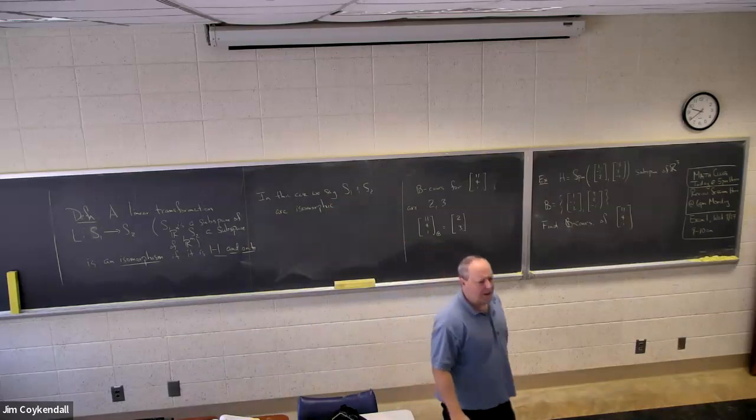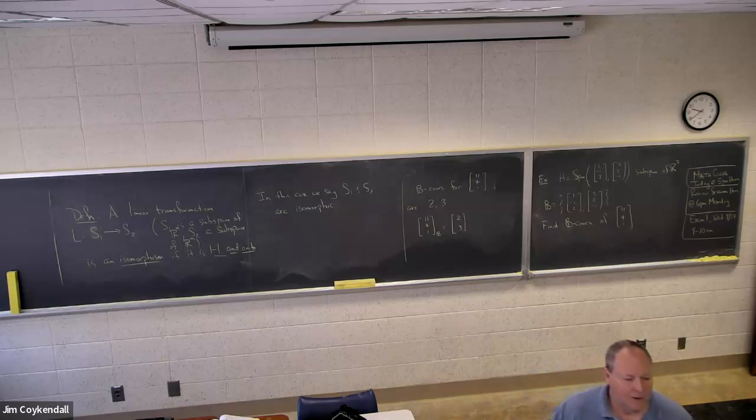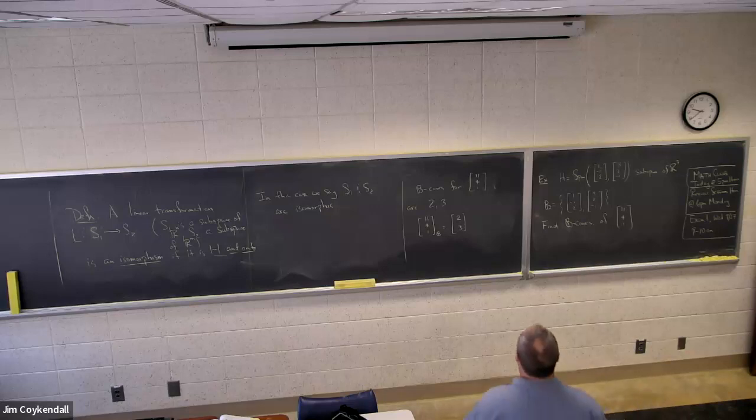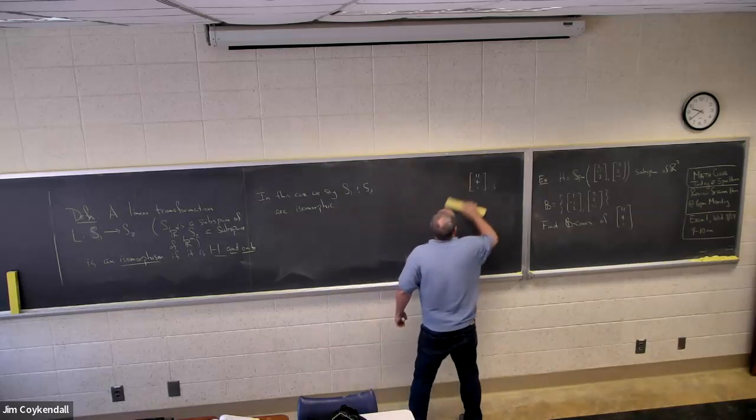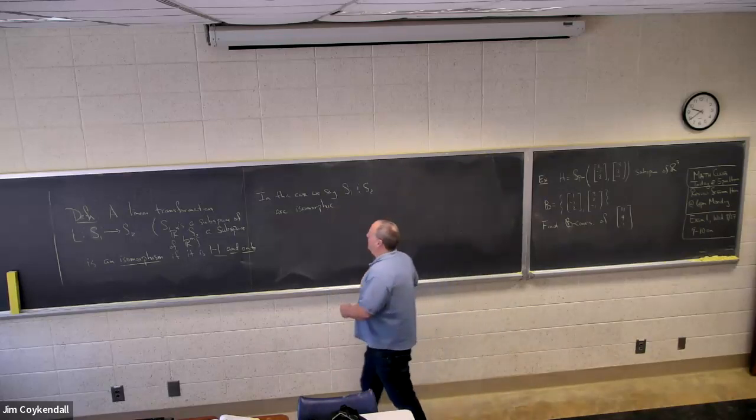Isomorphic is a word used in mathematics that means maybe not equal, but for all intents and purposes, the same thing, right? Let me give you a little exercise to think about.